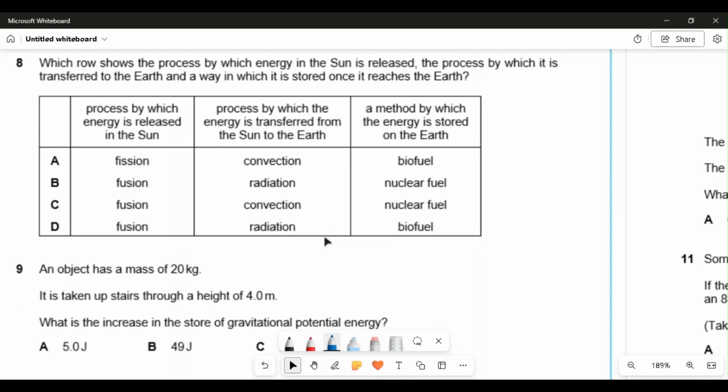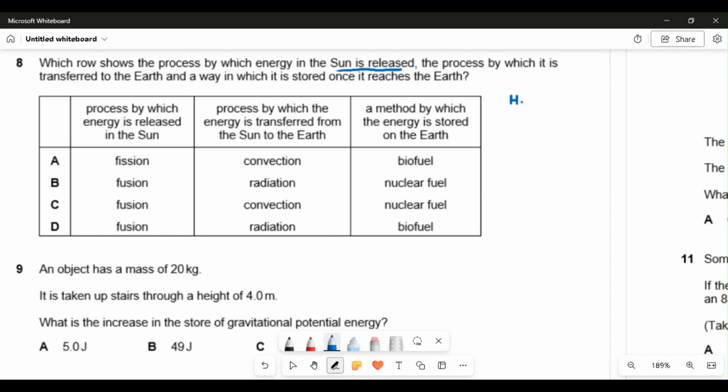Which row shows the process by which energy in the sun is released? First of all, in the sun, hydrogen nuclei are fusing to form helium nuclei, and it releases a huge amount of energy.